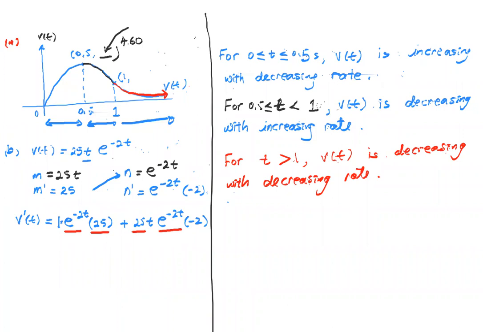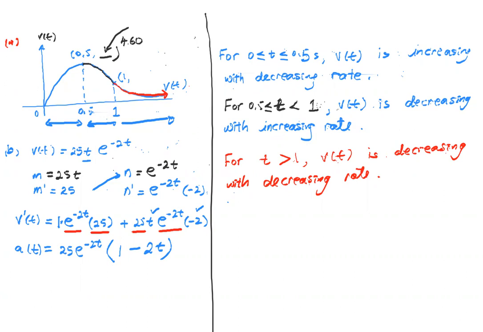So I factorize out. So this is my a(t): 25 e to the power negative 2t, open bracket 1, here you have negative 2, here you have t, so minus 2t. That's it. Are you clear? Okay, good. So that will be our part B.